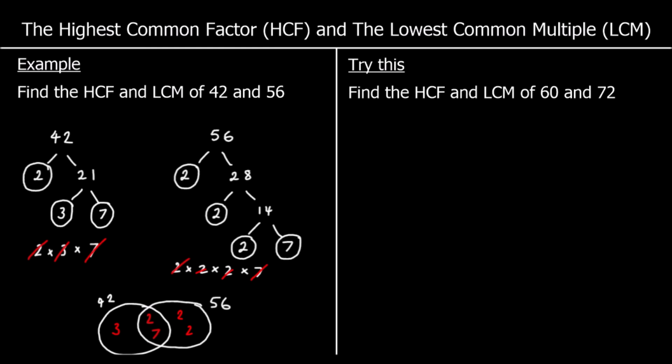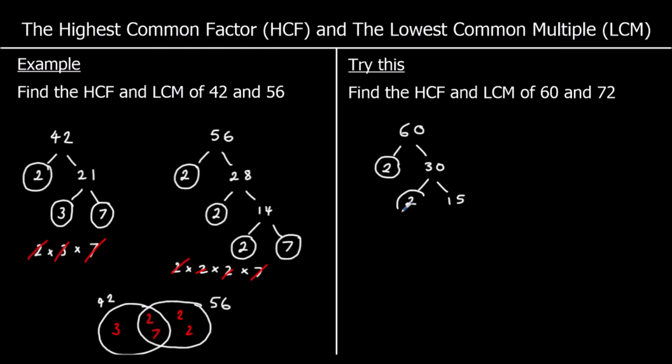Okay, so there's a question for you to try here. Find the HCF and LCM of 60 and 72. So we're going to start by breaking them down into their prime factors. So for 60, I can say that's 2 times 30, and 2 is prime. 30 I can break down more, so 30 is 2 times 15.